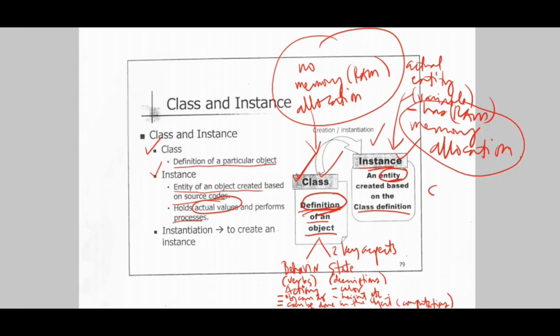Recall, in the C programming language last semester, we discussed structures, right? When you are going to employ a structure in your C program, you need to have a structure definition first, and second, you need to declare a structure variable.